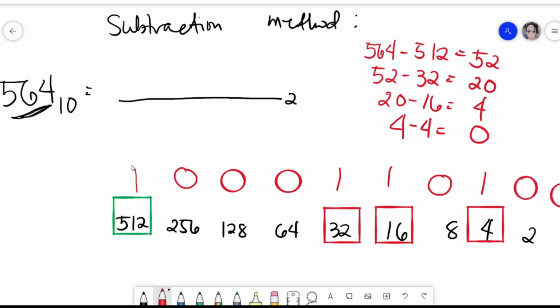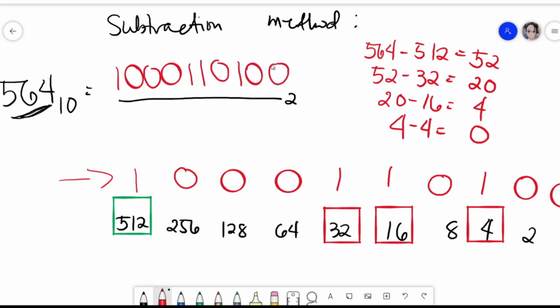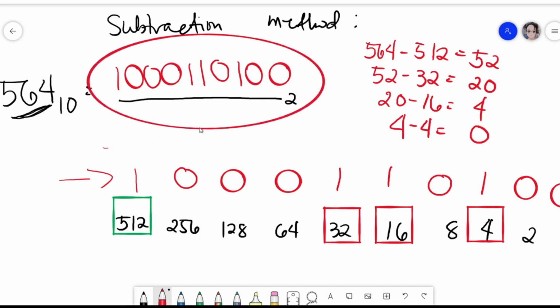So this is now the equivalent 564 in binary form. So 1, 0, 0, 0, 1, 1, 0, 1, 0, 0. So this is now your equivalent number sa binary form. Okay? Let's try the successive division.